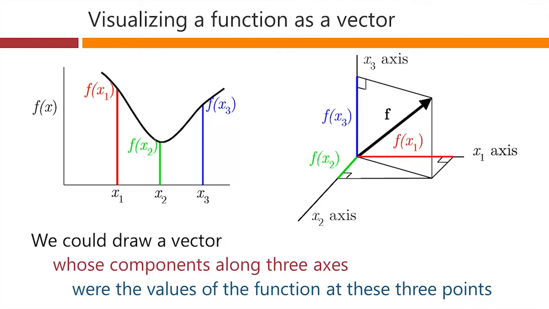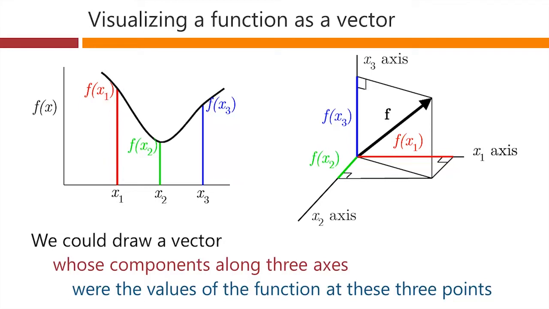This is ordinary Cartesian space. We've got our x1 axis, our x2 axis, and our x3 axis, as we're calling them now. And you see that this vector f here has got a little green line as its projection in this x2 direction, so that corresponds to that short line there. It's got quite a nice long blue line here in the x3 direction, so it corresponds to this blue line here, and it's got this quite long red line here on the x1 axis that corresponds to this red line here.